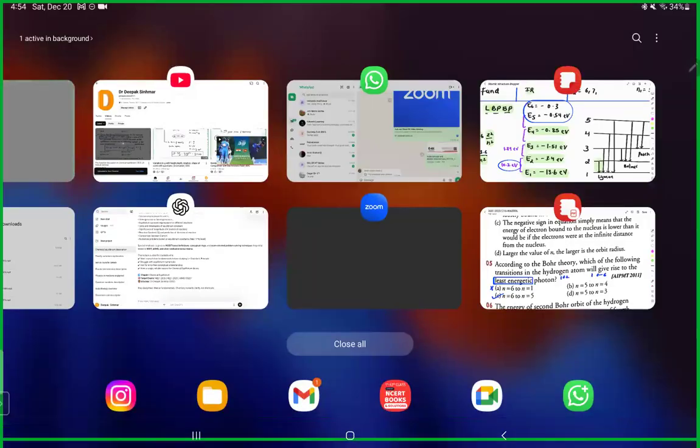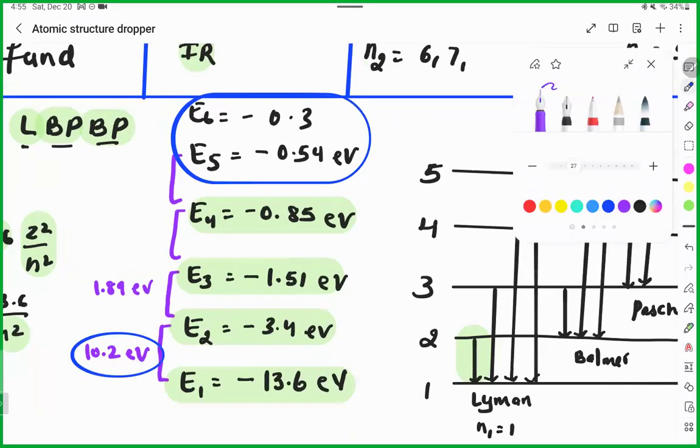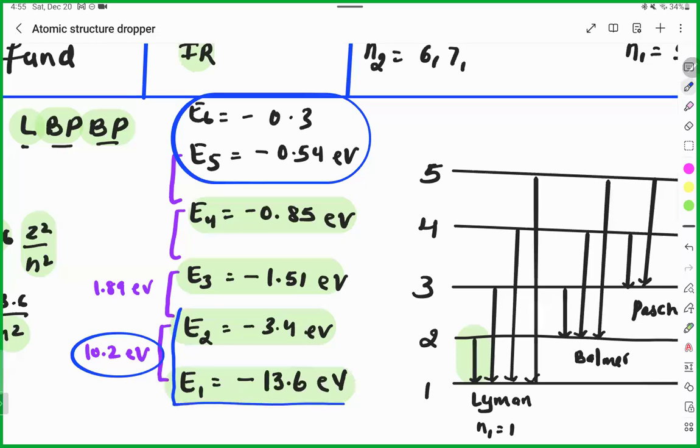Understood, guys? This difference: I told you here you can see the difference is very big between 2 to 1. Though the energy will be minimum compared to other, compared to 6 to 1 this is less, overall it is more when it comes to this difference. But if you see the difference from 6 to 5, the difference will be very less.